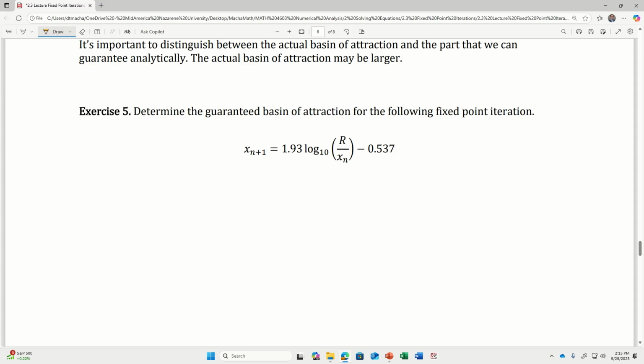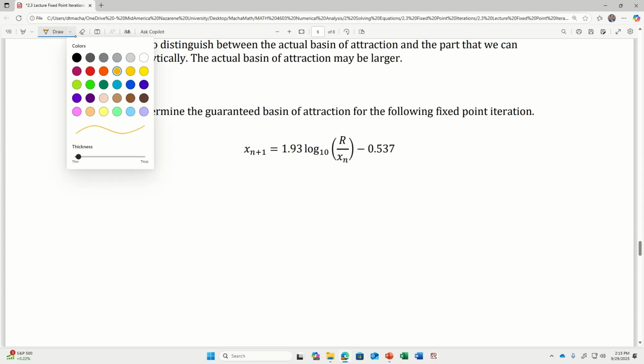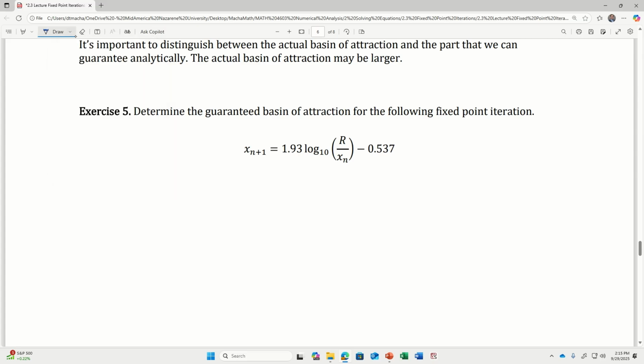Let's actually do one. So exercise 5 says determine the guaranteed basin of attraction for the following fixed point iteration. So step 1 says we're going to find a fixed point.